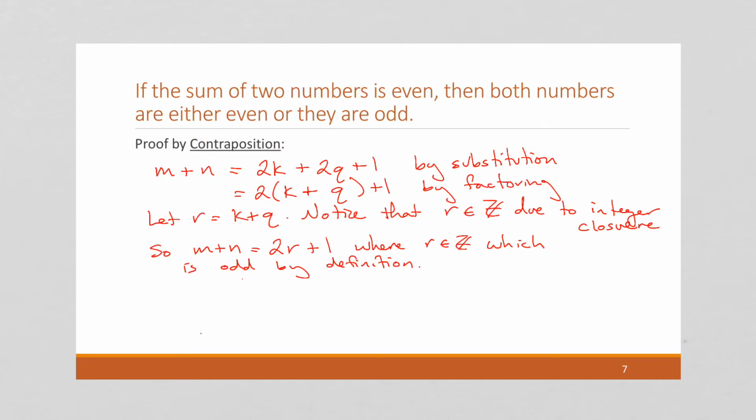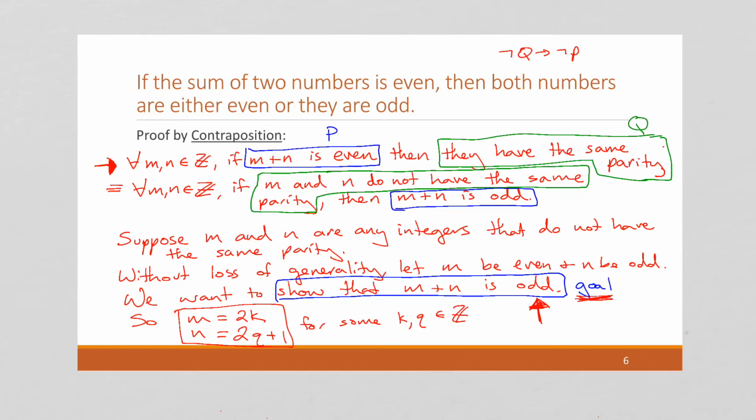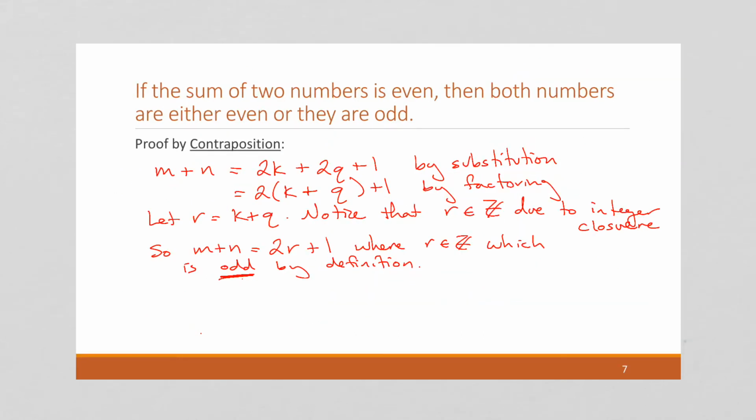Because in this proof by contraposition, showing that it's odd was our goal, right? This is our goal down here. It's to show that it was odd. So we've accomplished that, which was to be shown.